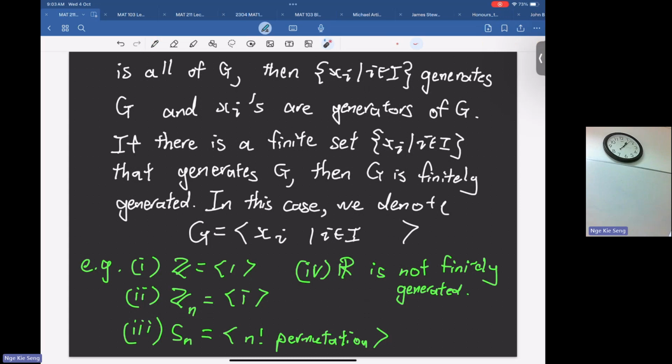Bear in mind, when we talk about a group, what do I mean? They come with an operation. For example, in Z, we are really thinking of addition. Sn is composition. R, whether for addition or multiplication, is not finitely generated.